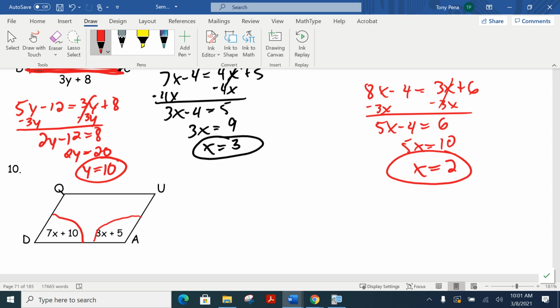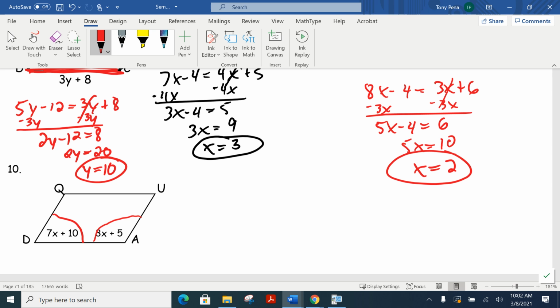Consecutive angles are supplementary. So for this equation, do we want to be adding those or do we want to be setting those equal to each other?